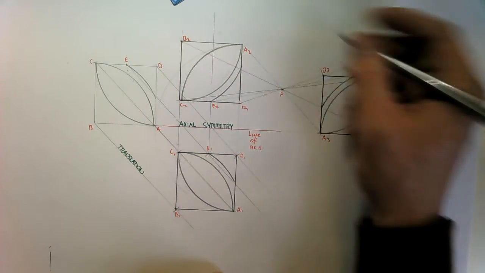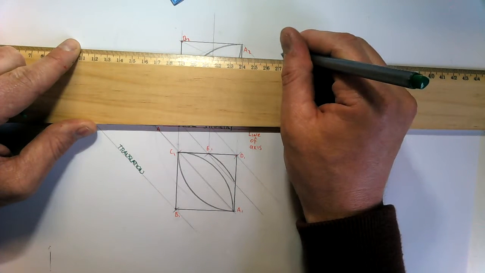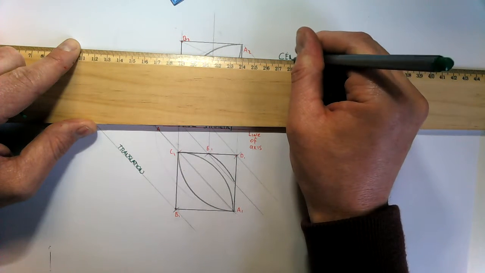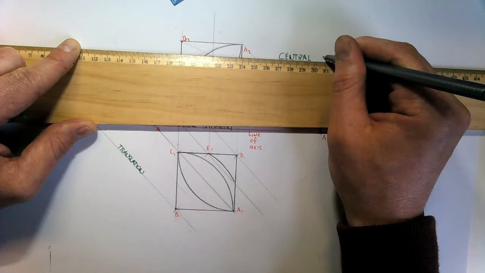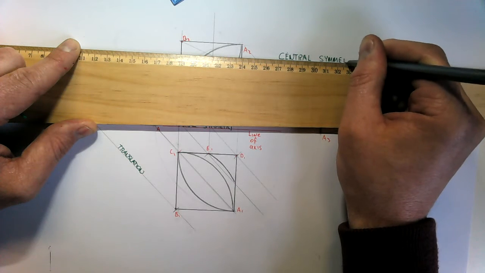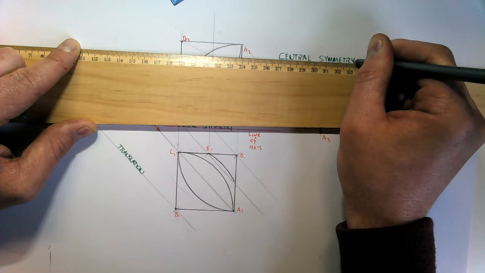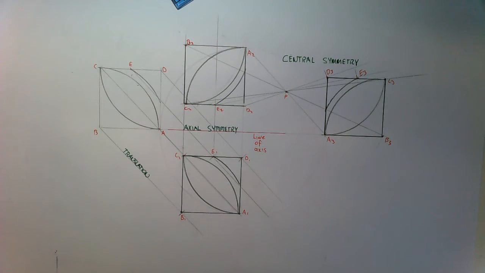And we had central symmetry. That is question 5, 2016 ordinary level finished.